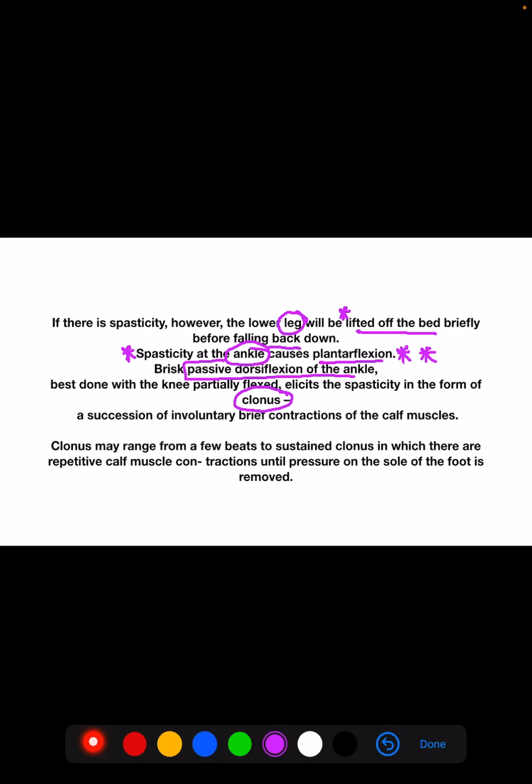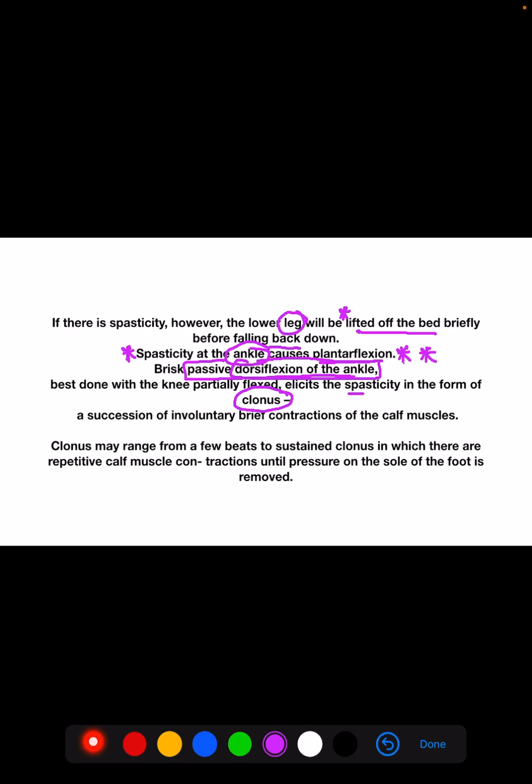It should be a brisk passive dorsiflexion of the ankle. If there is spasticity, the ankle is in plantar flexion. So brisk passive dorsiflexion of the ankle, best done with the knee partially flexed, will elicit the spasticity in the form of clonus.